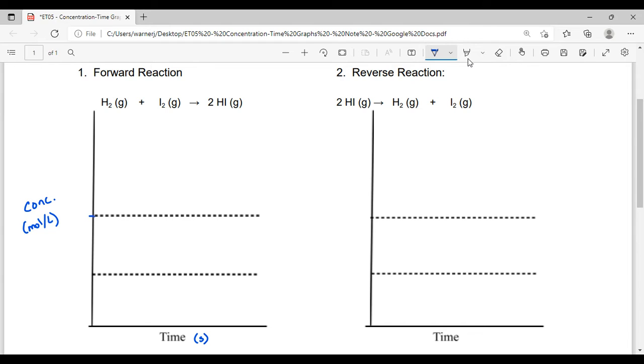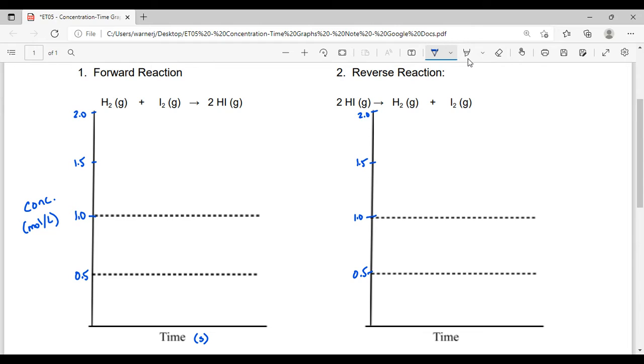And let's say right here we've got 1 molar, 0.5 molar, and so on up here, 1.5, and way up near the top, 2, right? I'm going to do that same scale here so that we have it on both, and then we'll get to looking at how this changes.